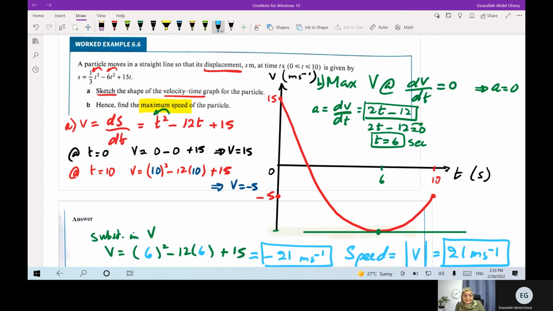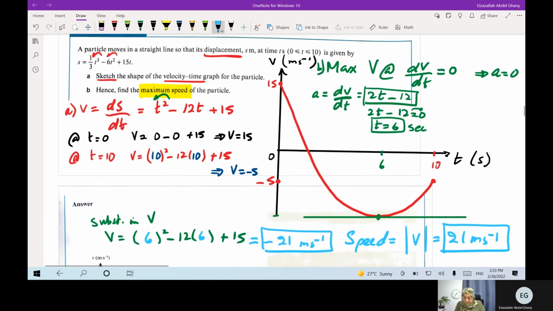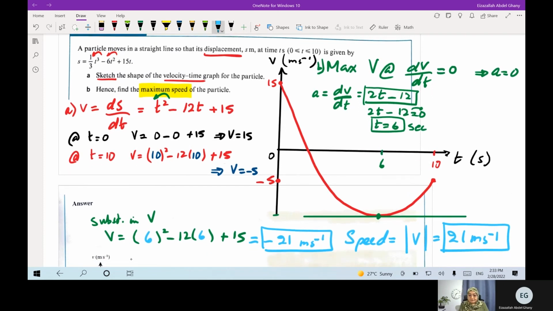Okay? And there is also another point on the diagram when t equals 0. I can see in my sketch that the highest point on the positive v-axis is 15. So now we can write that at t equals 0, velocity will be t² minus 12t plus 15.